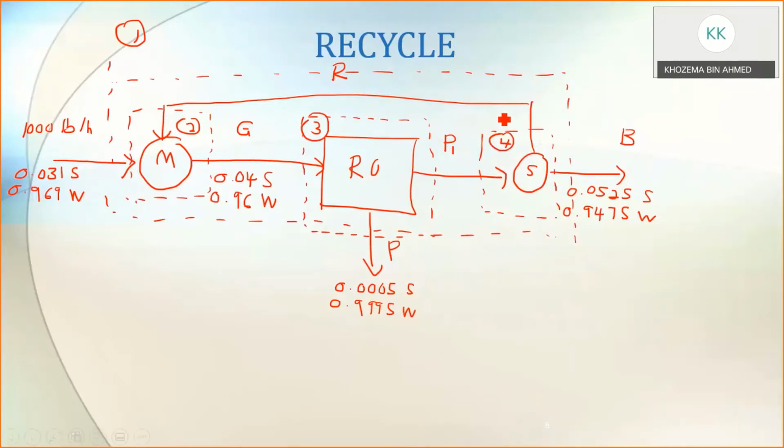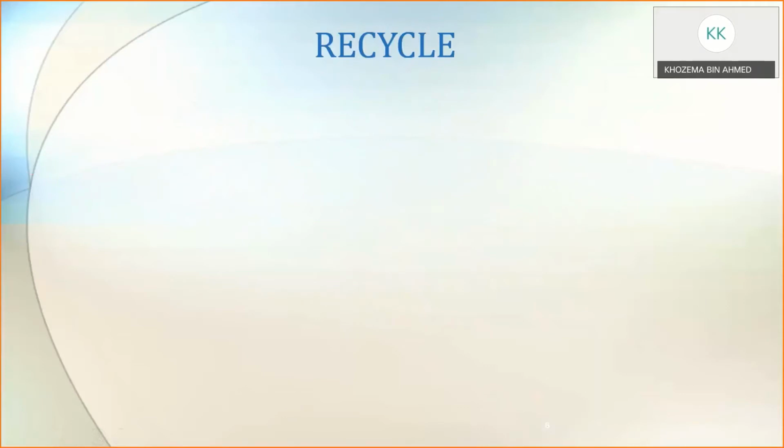You can see here we can have four different systems. Now it depends on us which system we want to use to solve for our B, P, and also the fraction of brine recycle. So in this case, I'll be using my overall system first.